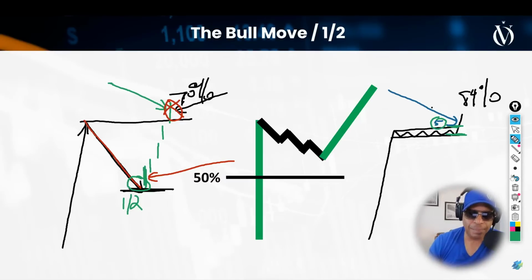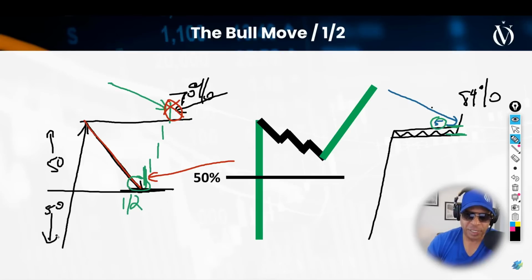But what's the key? The key is that this must happen in the top 50%, not the bottom 50%. As long as that green surge that is now eliminating a red bar is happening in the top 50%, now you've got decent odds of getting to that new high.